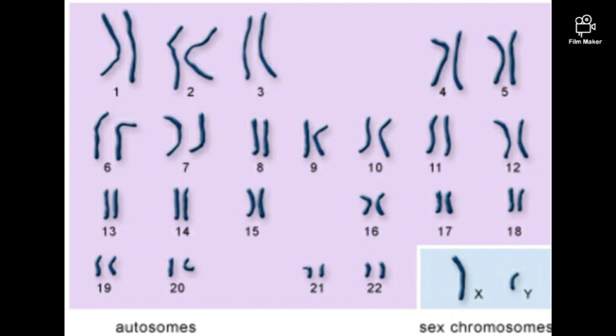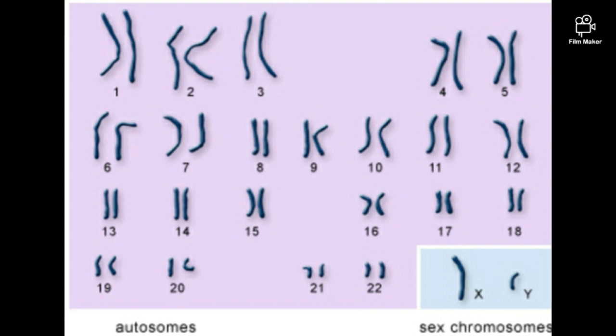As we know, there are 23 pairs of chromosomes in human beings. Similarly, in all organisms, these chromosomal pairs differ, but the chromosomes exist in pairs only.